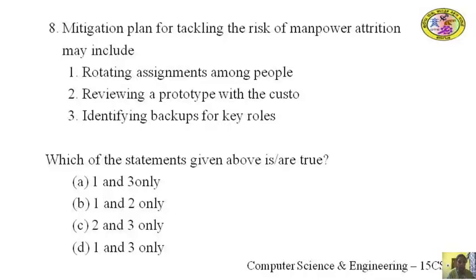Which of the statements given above is or are correct? Option A, 1 and 3 only. Option B, 1 and 2 only. Option C, 2 and 3 only. Option D, 1 and 3 only. Do you know the correct answer for this?